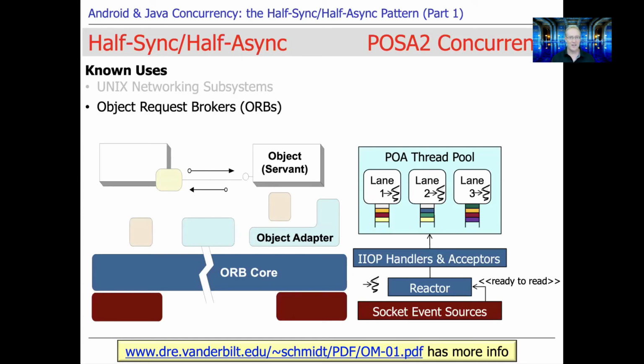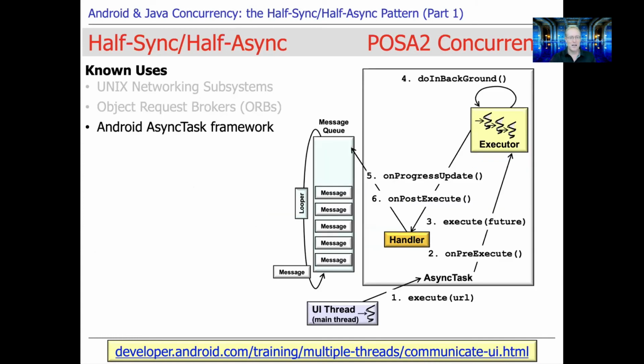In that case, we had an asynchronous part at the bottom, which used yet another pattern implementation called a reactor. And then we had a queuing layer, and we had a bunch of active objects running up there processing the requests. So it was kind of reactor plus active object equals a half-sync, half-async implementation. So another cool example of where this pattern has been applied.